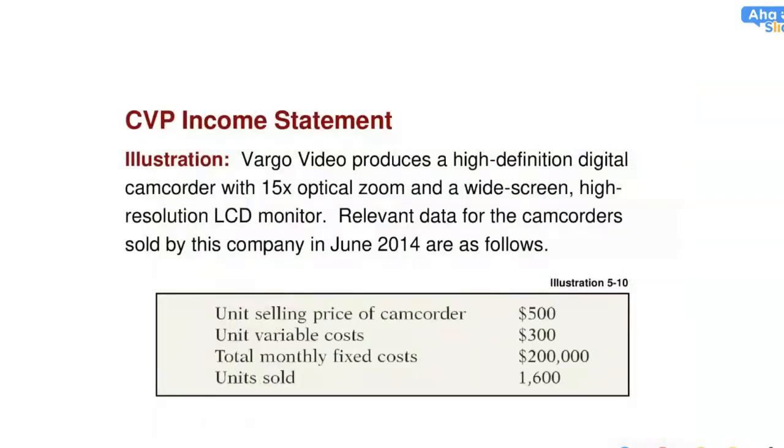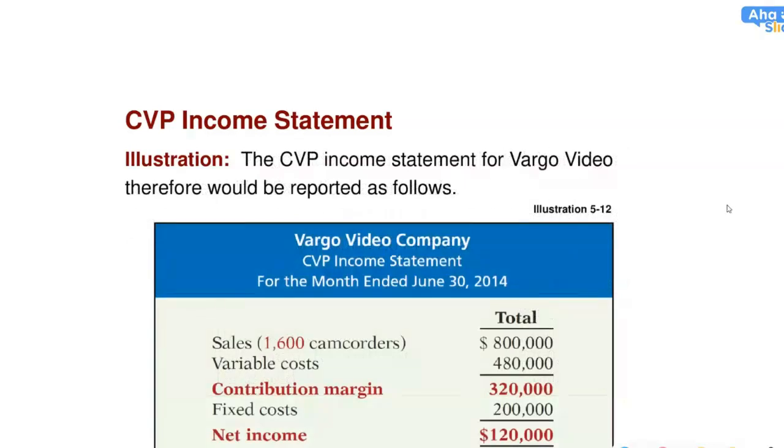So I've done all of that because I'm able to break out the fixed and variable costs in my business. Okay. So here's an example. What we're talking about, selling price 500, variable cost 300, fixed costs 200,000, 1,600 units sold. Well, there is my CVP statement in very short order. 800, 480, contribution margin 320. So all you have to do is look at the contribution margin now and relate it to the fixed cost to get your profit. If this goes up 10%, this goes up 10%, that goes up 10%, that doesn't change, this does.